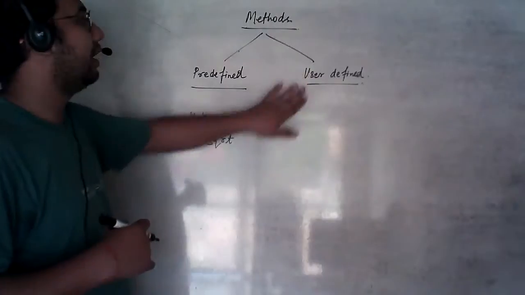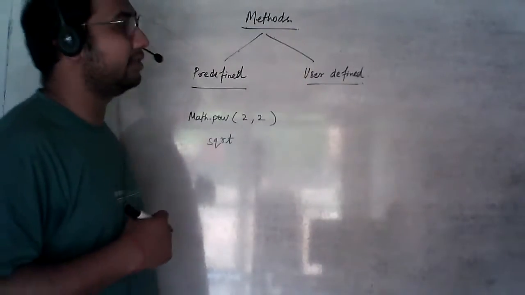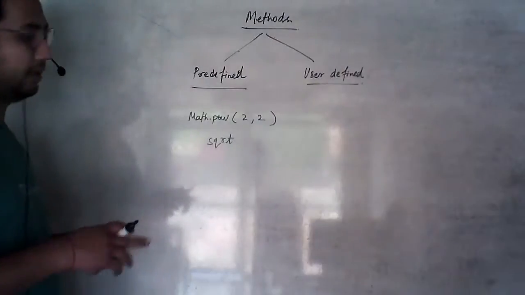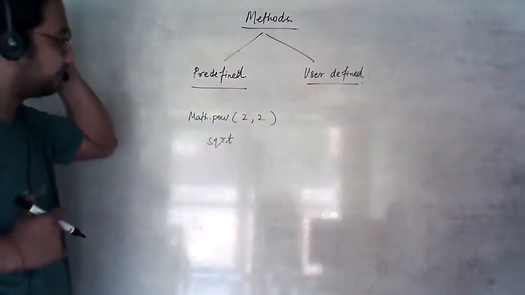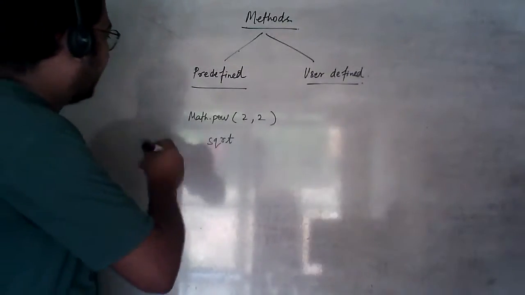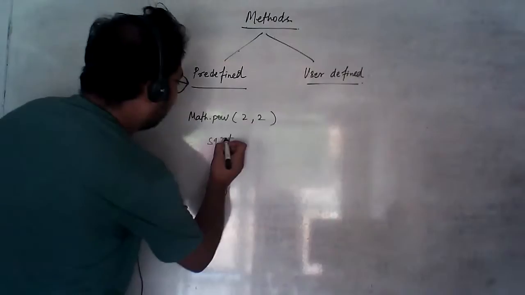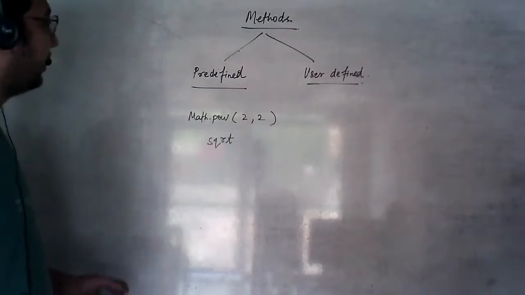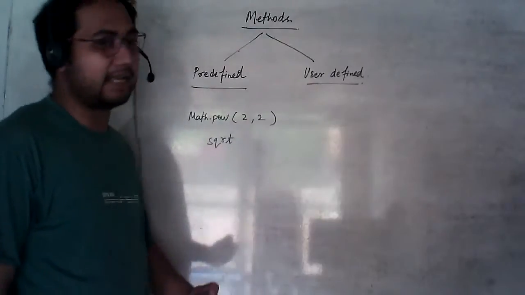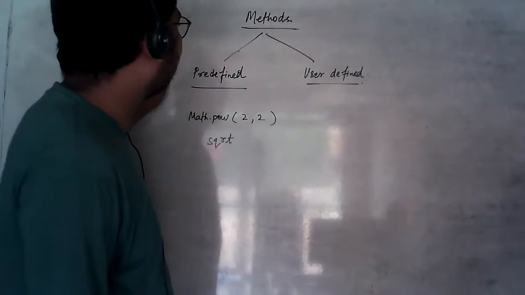Okay, now we will talk about user defined functions. User defined functions we will declare as per our need. Let me tell you. So sqrt and Math.pow I have told you, and in the Scanner class we have next function, nextLine, nextInt. All these functions are predefined.